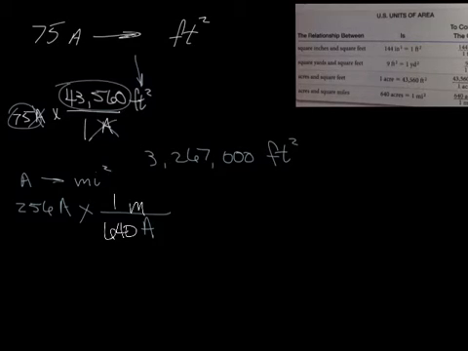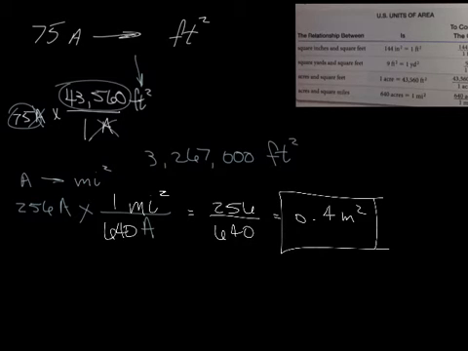And then I'm going to take 256 times 1 over 640, and I'm going to divide that out, and I get 0.4 square miles. So even 256 acres seems like a lot of land. It's less than a half a square mile. So that's my conversion there.